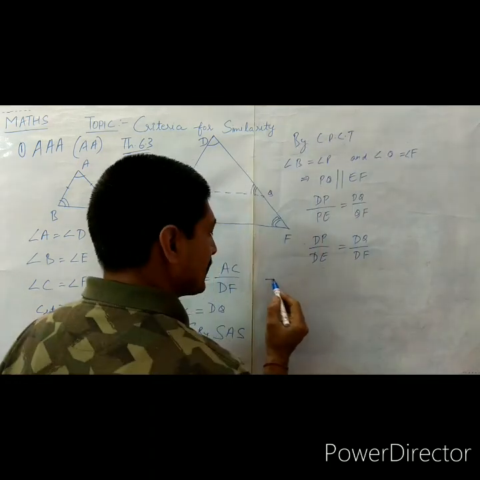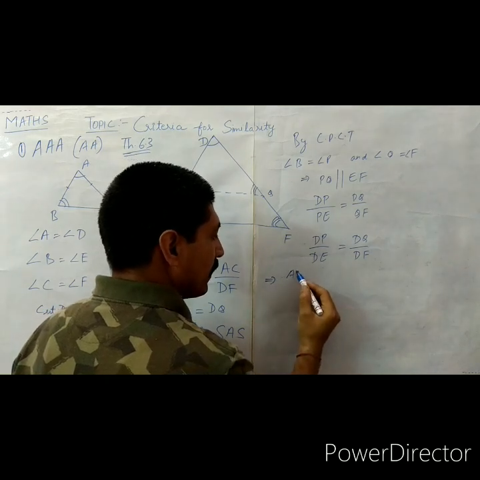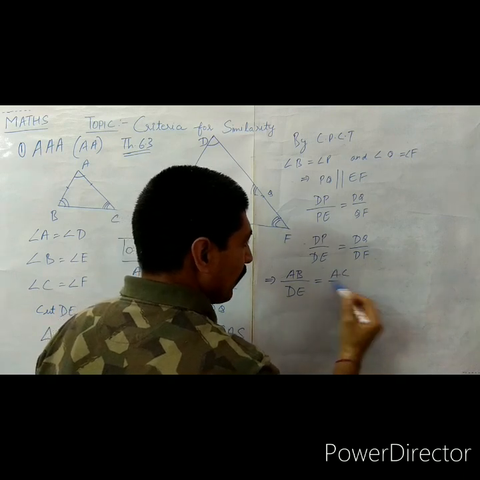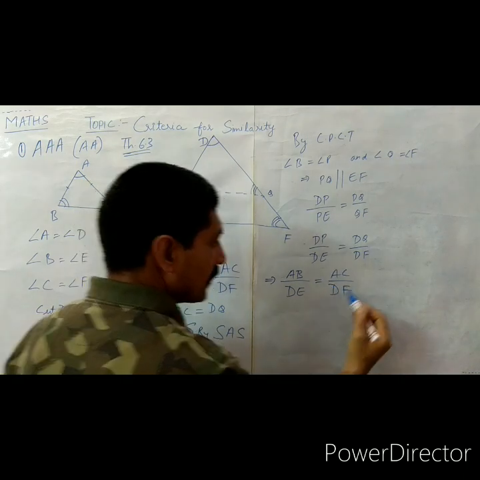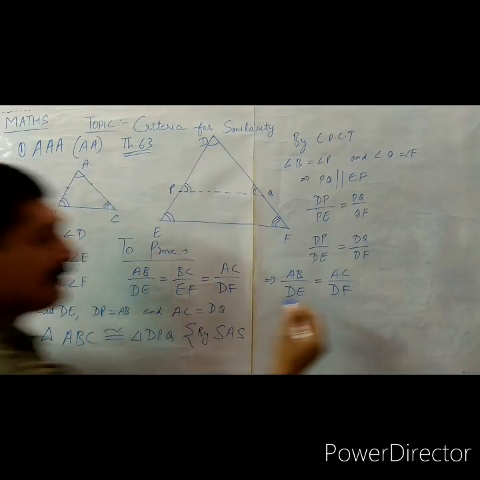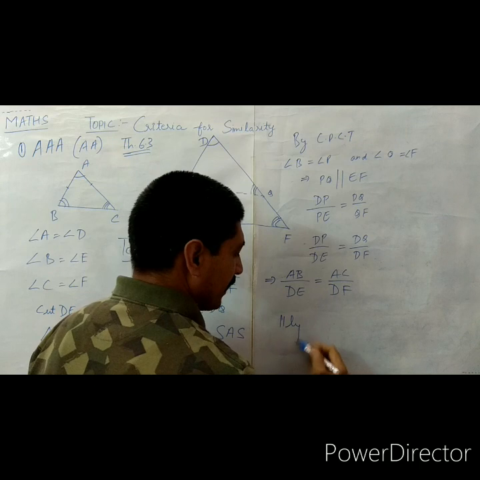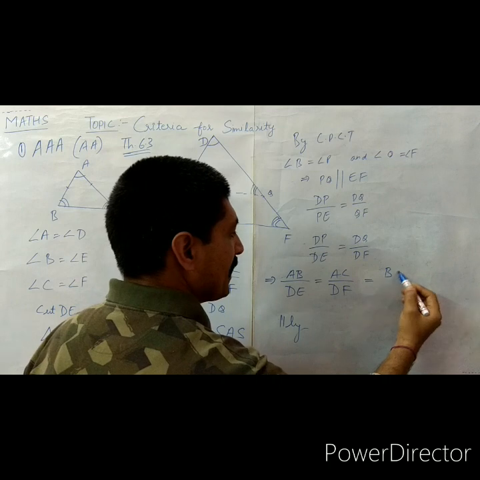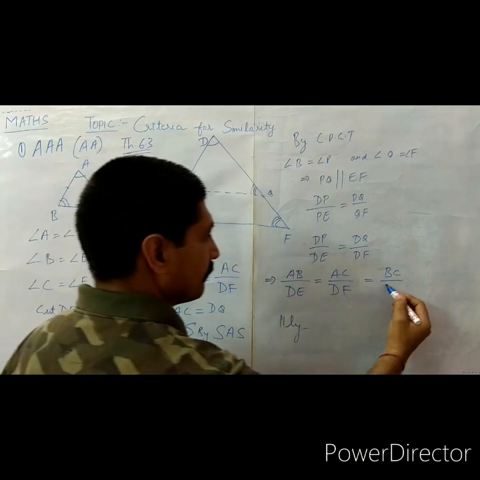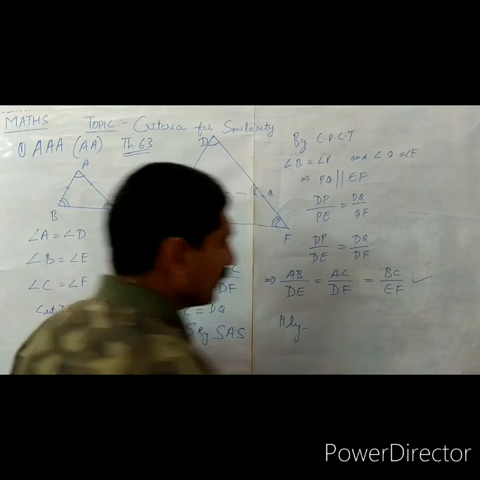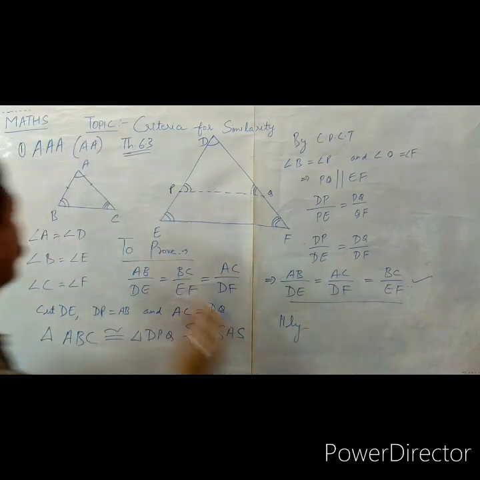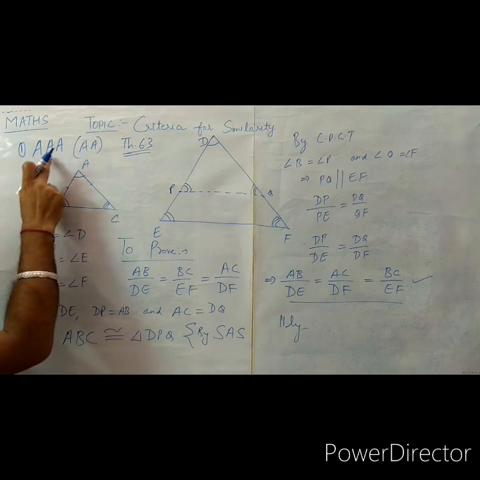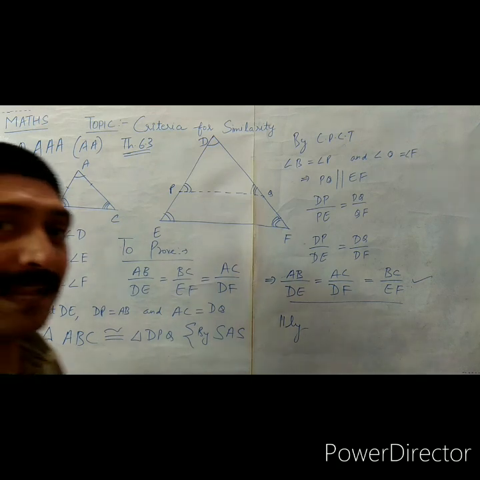This implies that AB upon DE is equal to AC upon DF. Similarly, we can prove for the third side, that is BC upon EF. So this is the proof for the very first rule, the AAA rule, angle criteria for similarity.